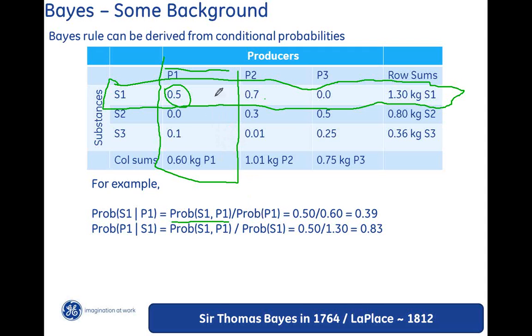I have to take into account that P1 does emit other substances, so I have to divide the conjoint probability by the fact that P1 also emits S3. So divide that out by the marginal probability of P1.